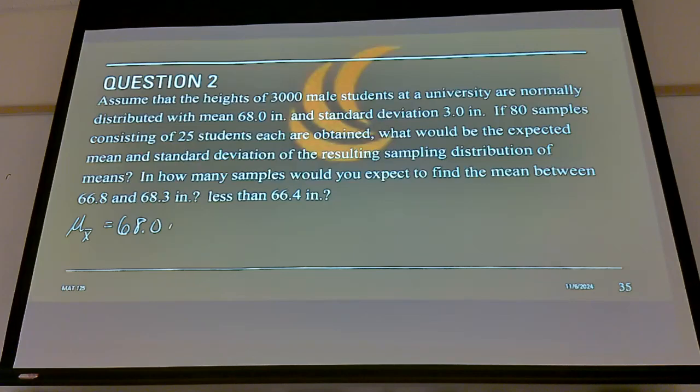Means the mean of the means is the mean of the population. Standard deviation of the means is the standard deviation of the population divided by the square root of the sample size. 3 over 5 is 0.60.